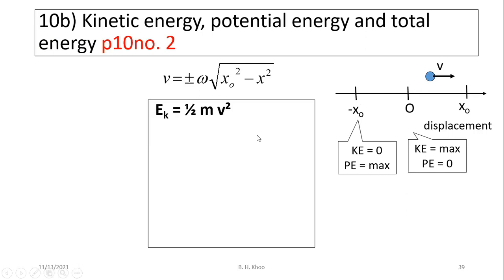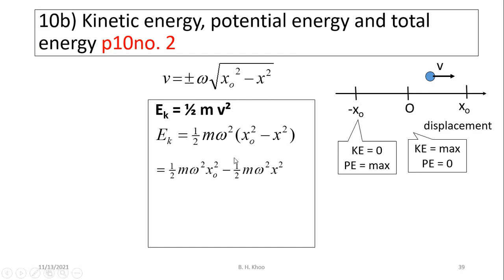Okay, so you want kinetic energy. Square the velocity and place it into the formula: omega squared, and then x naught squared minus x squared. Then we know how to interpret. Open it up, remove the bracket, expand it.